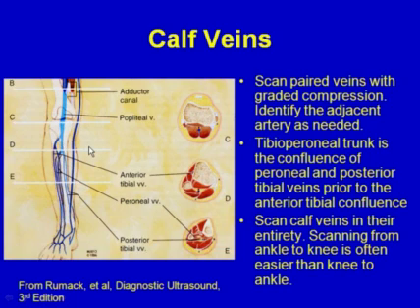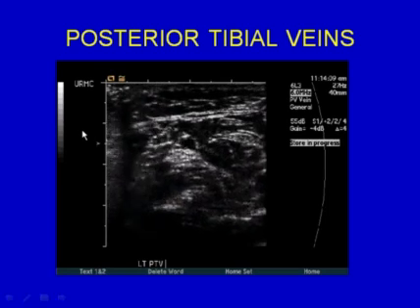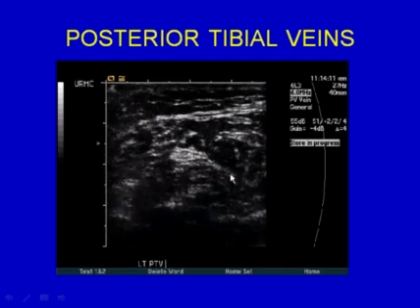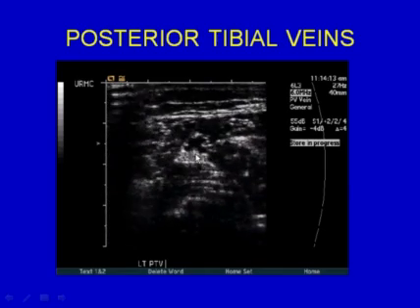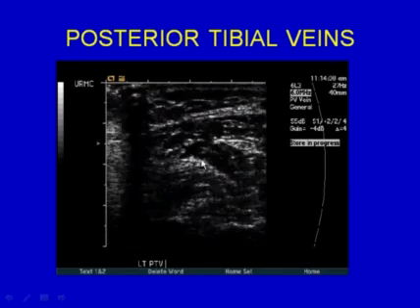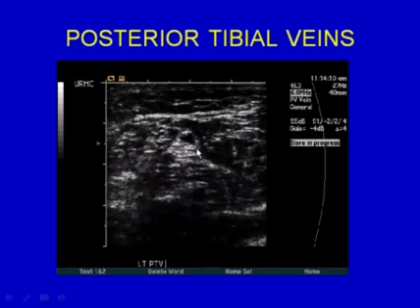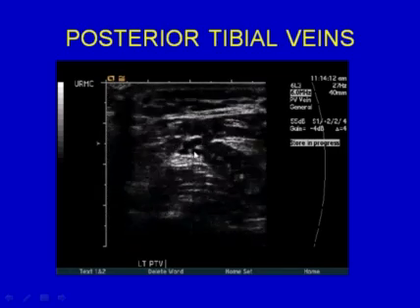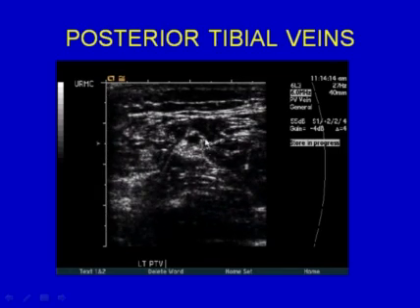We want to scan the calf veins in their entirety in addition to scanning the vessels above the knee. And just to show you that you can see these calf veins, here is the artery, here are the paired posterior tibial veins, which you can see coapting completely as we do graded compression on this little area of the popliteal.